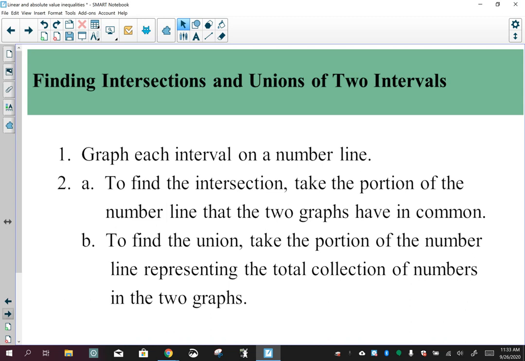You want to pick one color for one interval and then one color for the other interval notation piece. And then you want to see where they intersect, where they overlap. And where they overlap is where you're actually going to have your final answer. The union is where they come together, so you want everything in common. And only that piece that is in common is what's going to count. So let's take a look at what I'm talking about here.